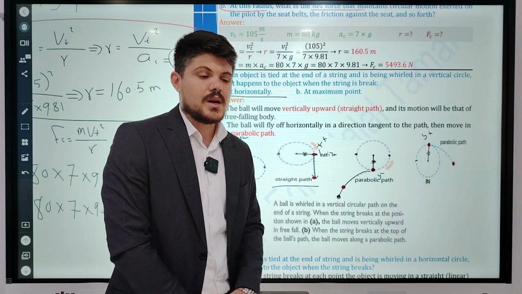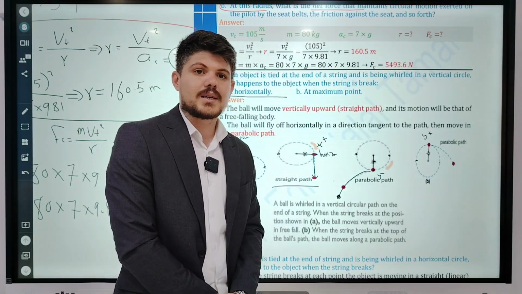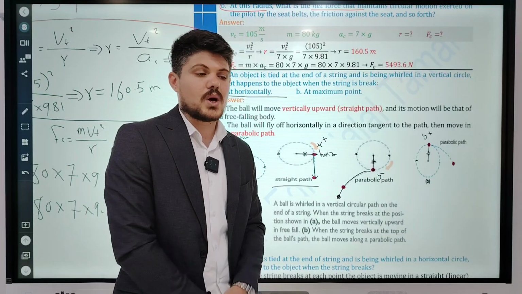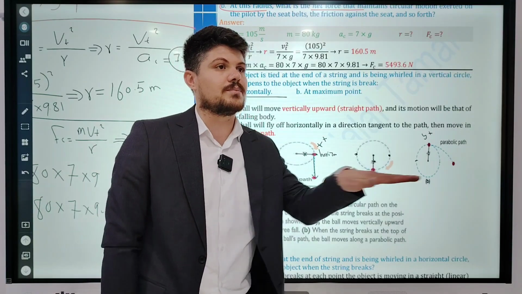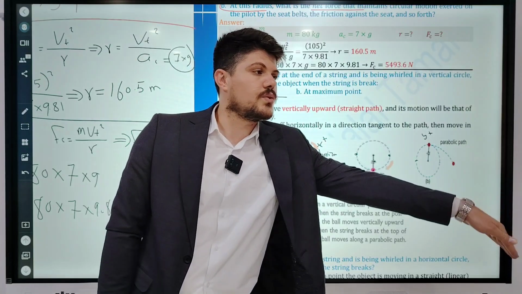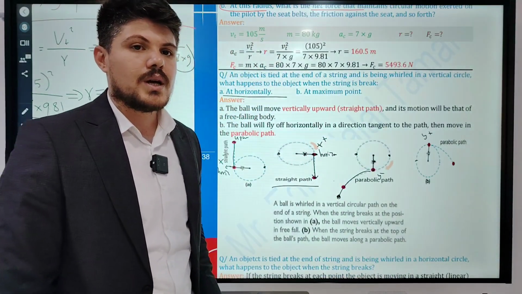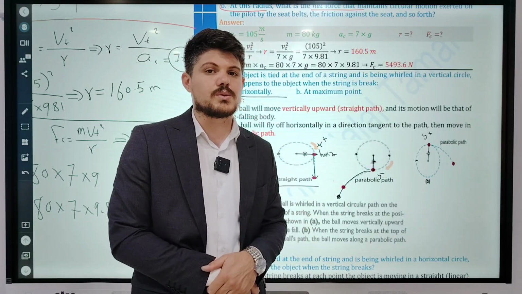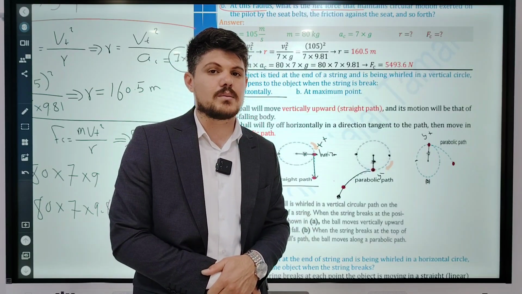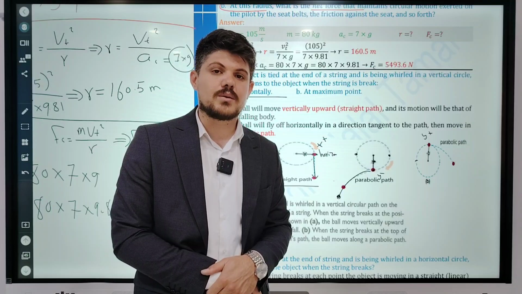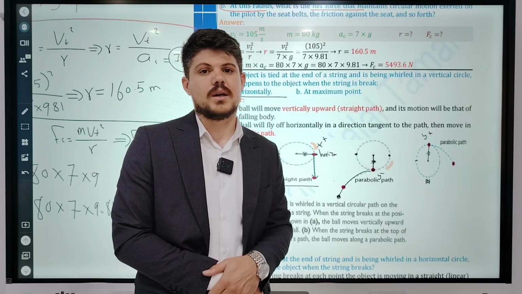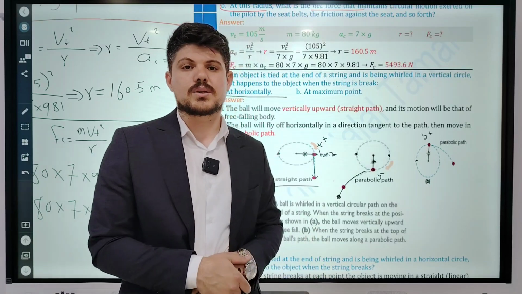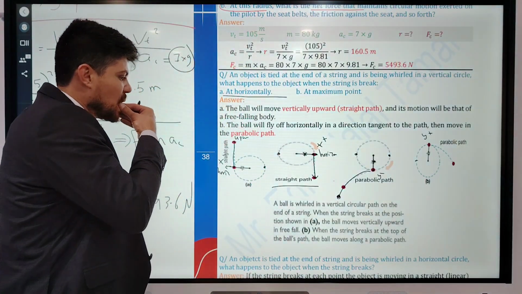Gravity acts on every object and pulls downward, so the object cannot maintain a straight path. That's why it's moving in parabolic motion. In which case, when the string or rope breaks, does the object follow the parabolic motion? When the string breaks vertically, at negative y or positive y.